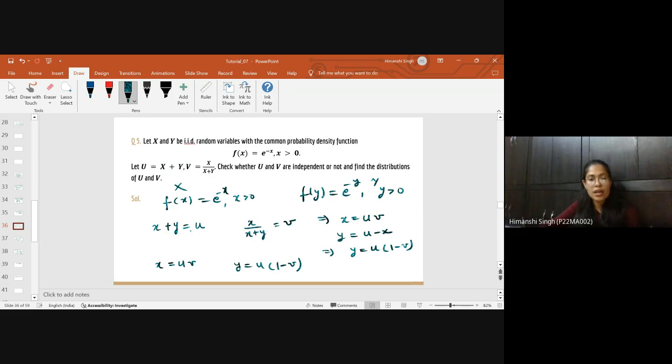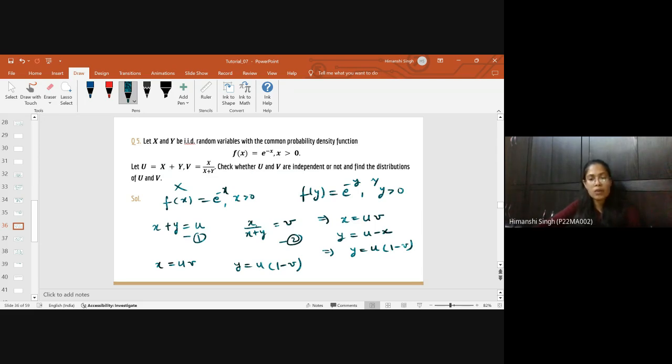Now from here, I can have that x is equal to v into u, because x plus y is u. Basically, I have two equations. This is equation 1 and this is equation 2. I need to solve these equations such that I can represent x and y in terms of u and v. From the first one, I have x plus y equal to u.